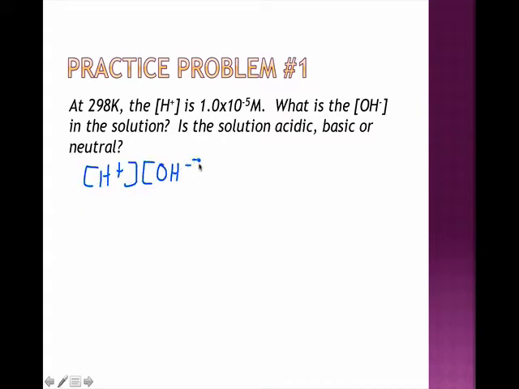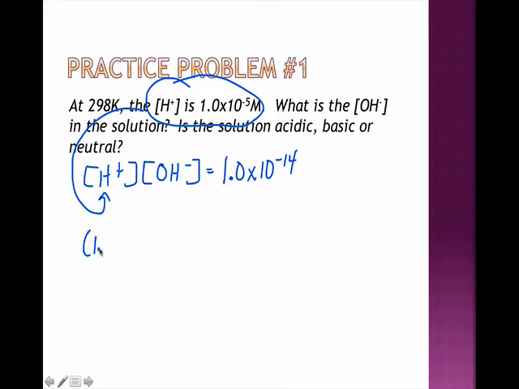The H plus times the OH minus always gives us 1.0 times 10 to the negative 14th. I know the H plus, they gave it to me in the problem right here. So I'm going to plug it in for H plus right here. So 1.0 times 10 to the negative 5th. I multiply that by the hydroxide ion concentration, which I don't know, has to be 1.0 times 10 to the negative 14th.